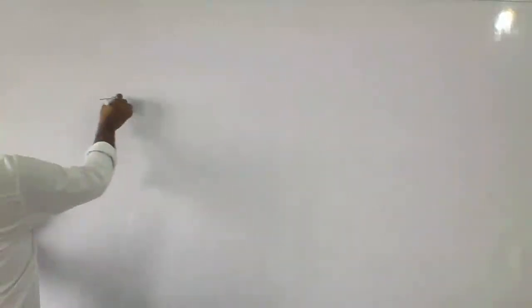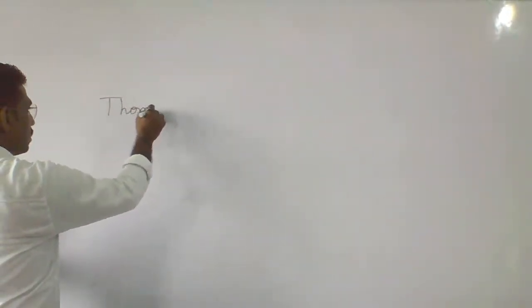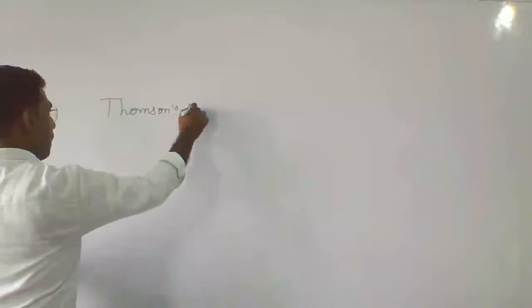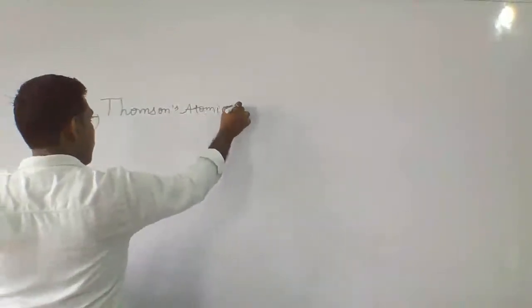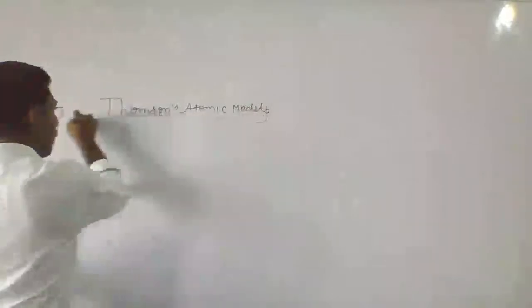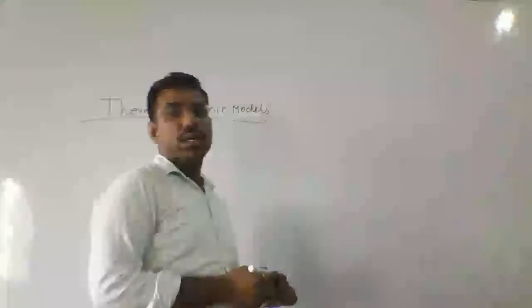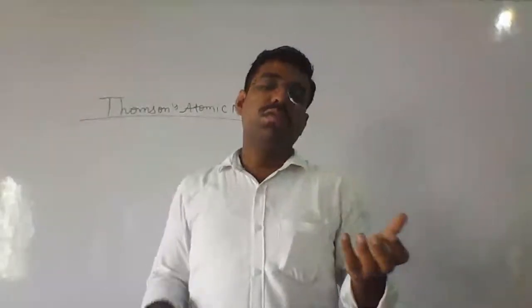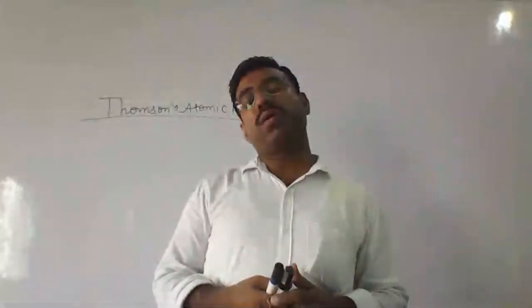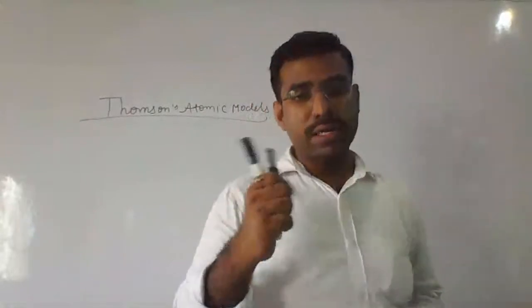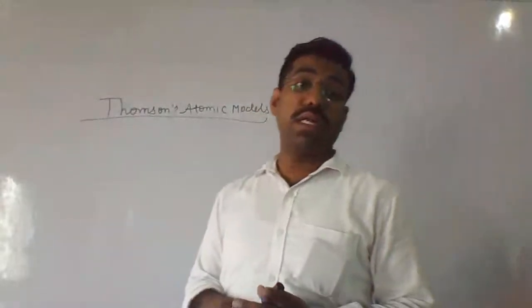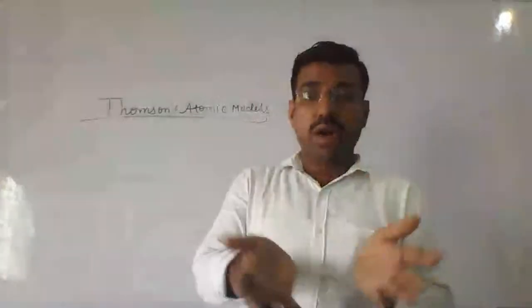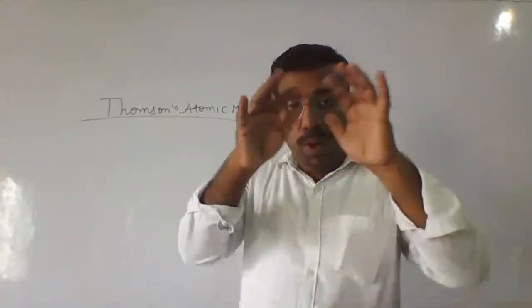In the beginning, different scientists gave their own ideas and theories about the structure of the atom. What did Thomson assume? Thomson assumed that the atom is a uniform sphere of positive charge.